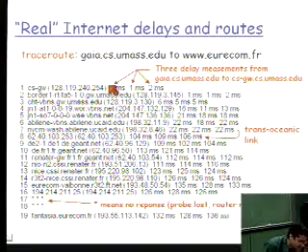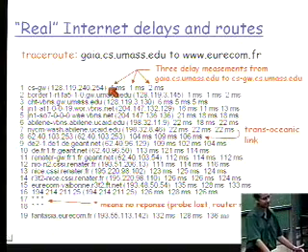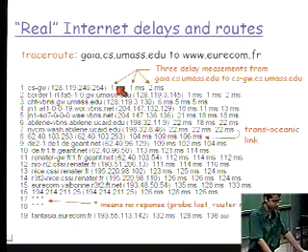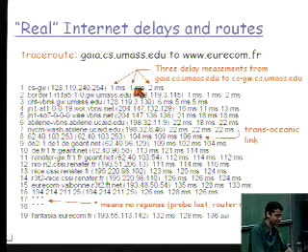So the first router, the packet that went to the first router, you send 3 copies of it, and they experience delays of 1 millisecond, 1 millisecond, 2 milliseconds. From there the packet goes to the border router, and the delays don't grow much.